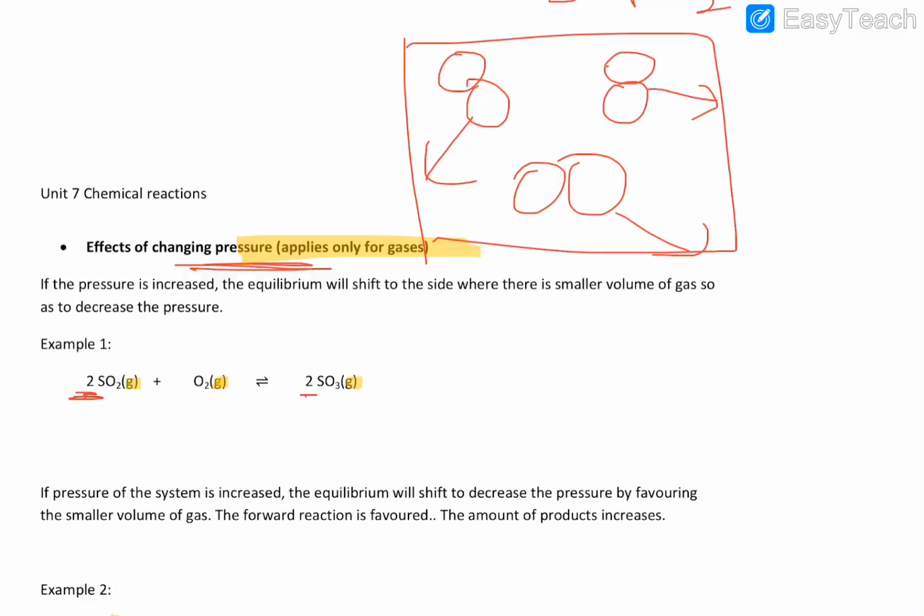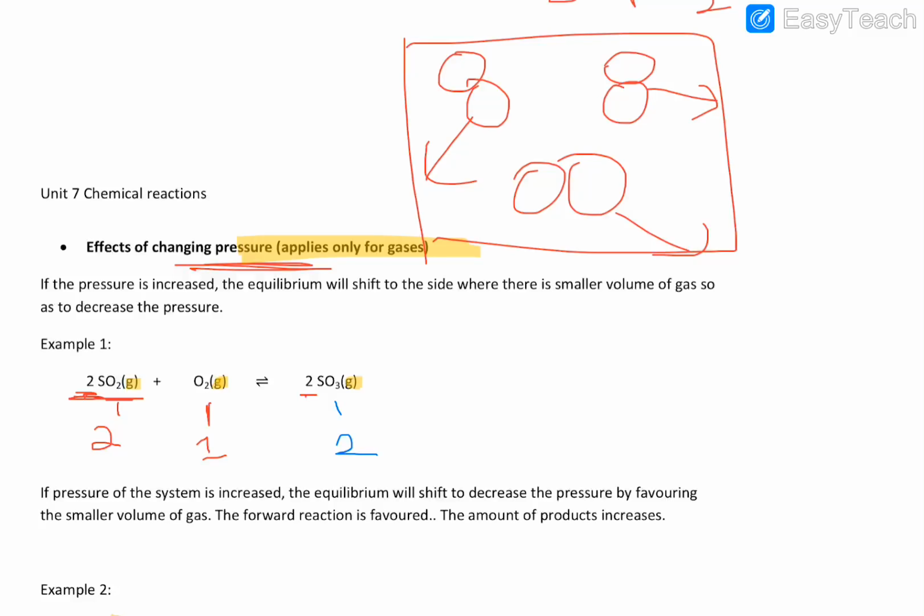So if I take the first example, on the reactant side I have 2 molecules of sulfur dioxide, and I have 1 molecule of oxygen. And on the product side, I have 2 molecules of sulfur trioxide.